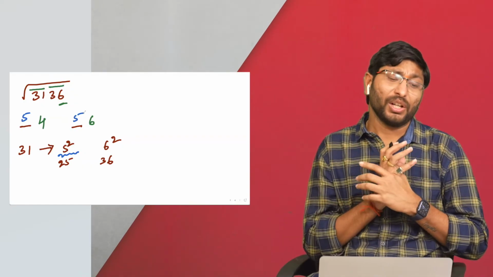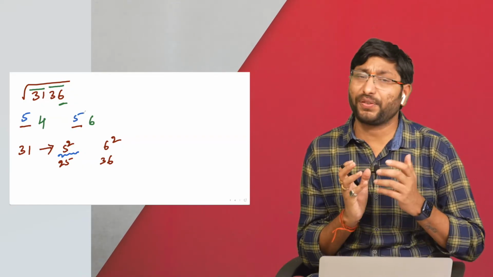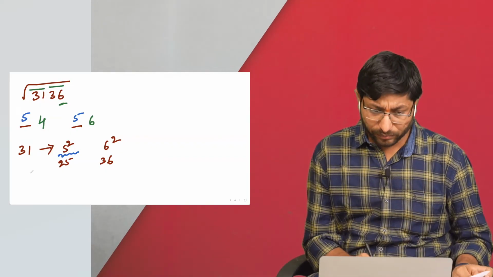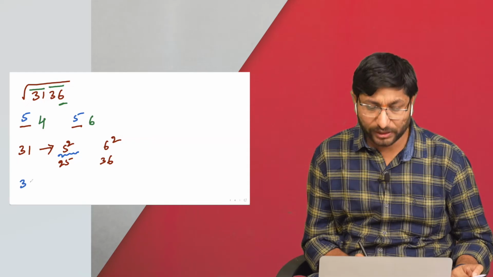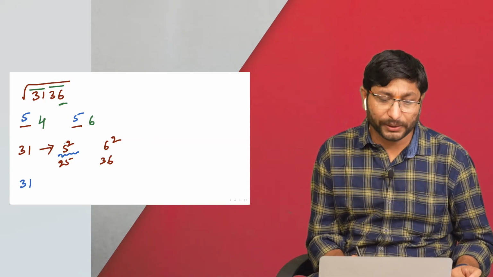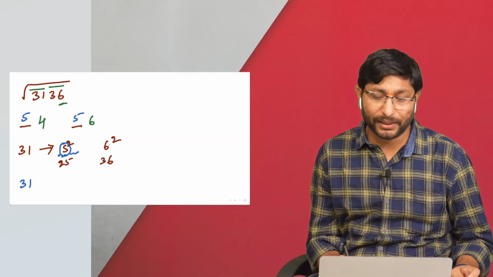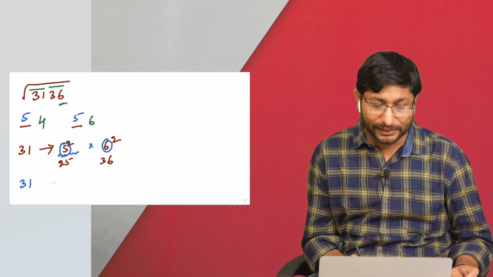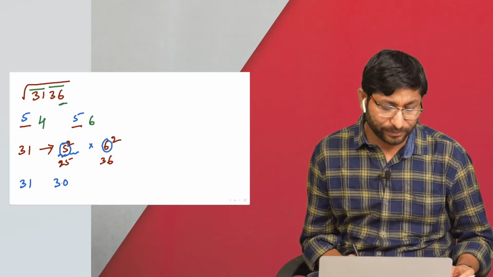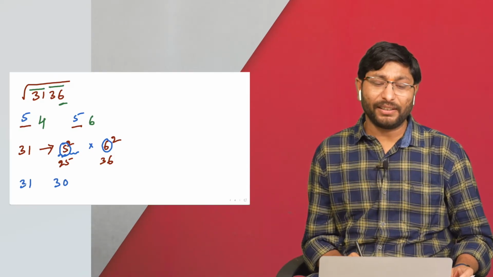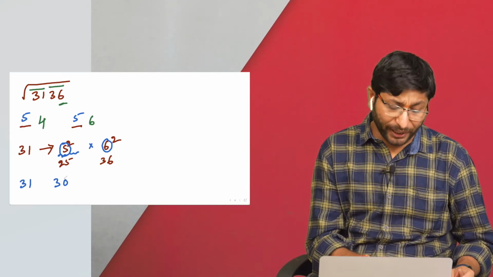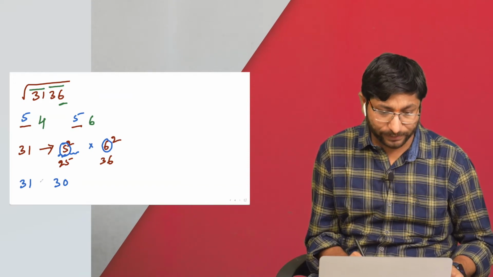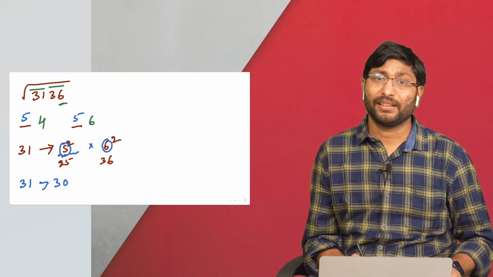Which one is the answer? We need to identify which one is the answer. Verification: take 31. What did we take? 5 and 6. 5 multiplied by 6, 5 sixes are 30. Compare 31 and 30. 31 is greater than 30.